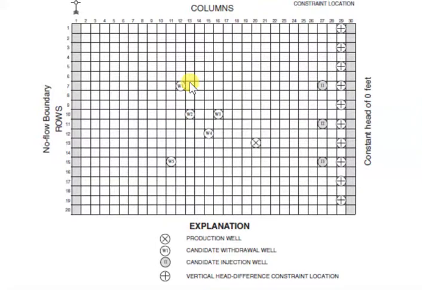This is a two-layer problem. The top layer is modeled as unconfined and the lower as confined. Recharge is applied over the domain to reduce the flow from left to right. The sea, the ocean, is modeled as being along this boundary with a constant head of 0 feet.